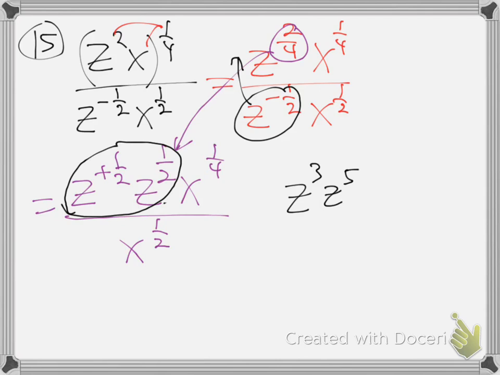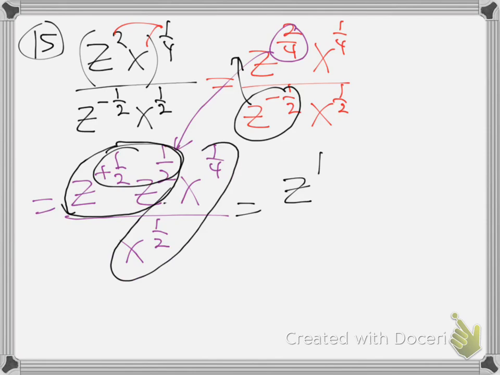Same bases, powers add, right? So it's just going to be z to the 1. Half and half makes 1 whole, doesn't it? So it's going to be z to the 1, half plus a half. Is that good? Same bases multiplied, powers add. And then what's going to happen with these two x's?